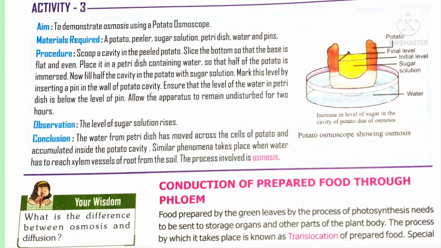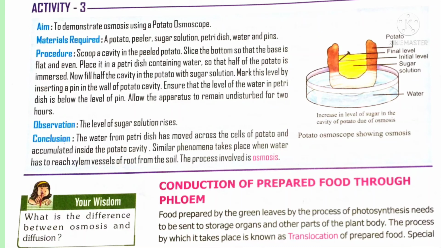The same process happens in the root, that means the root hair of the plant, through which, by the process of osmosis, water particles from the soil enter into the cell of the root, that is the xylem tube. The next topic is conduction of prepared food through the phloem.